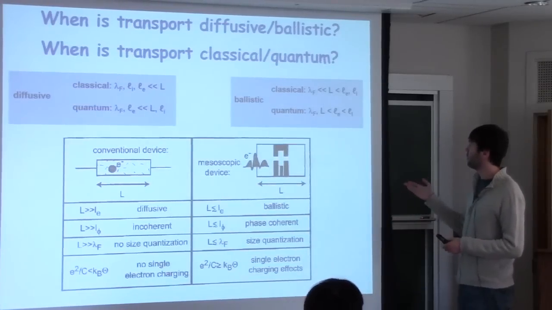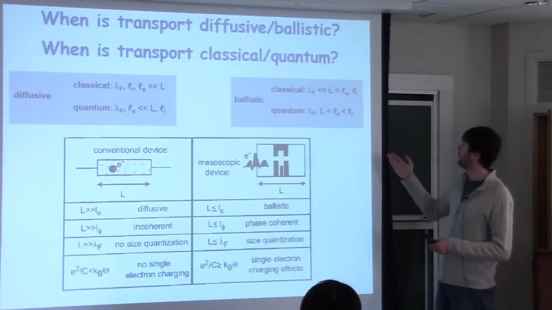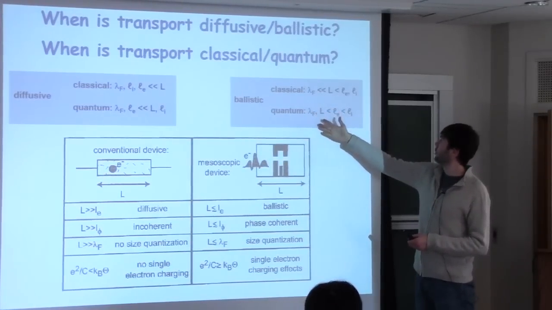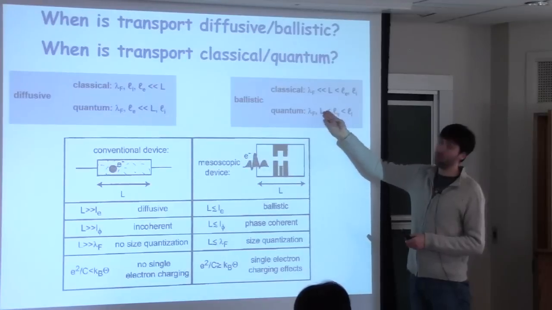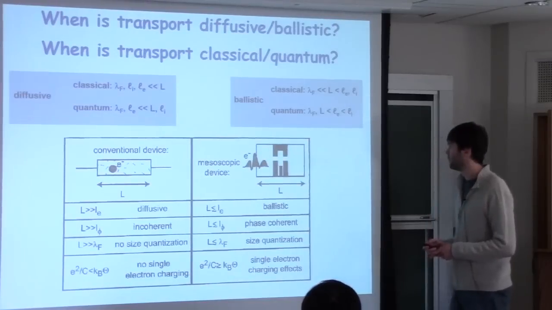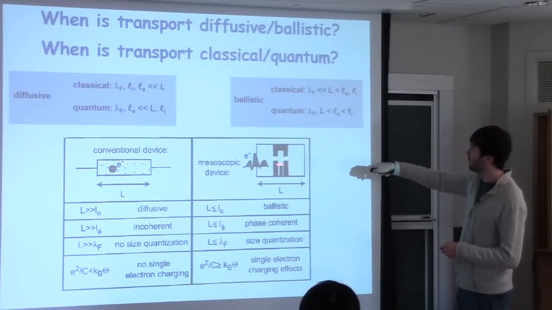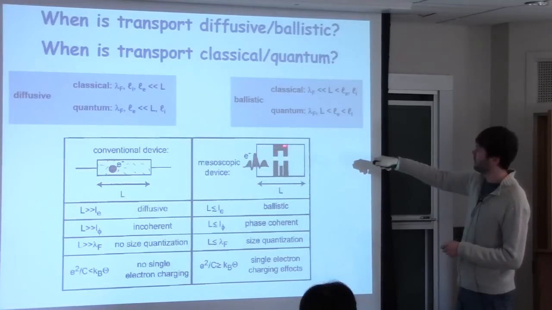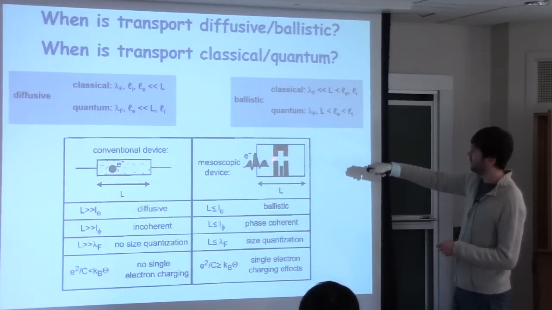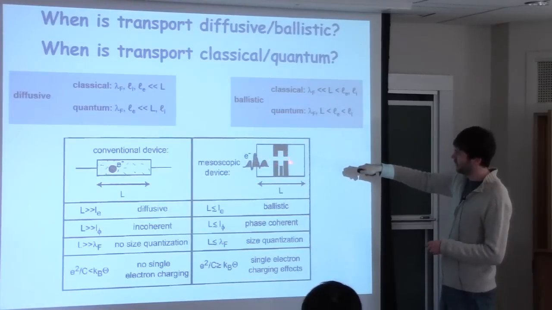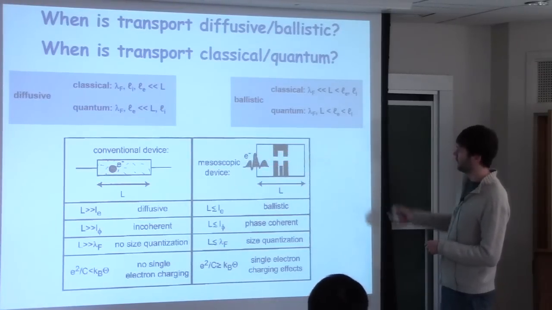And to make it quantum, we have to make the wavelength, or now the dephasing length, comparable to the size of the system. So this would be a device like this. This cartoon shows a semiconductor with some gate electrodes that define this island. An electron is a wave because the dephasing length is very long, and it interacts with this structure and comes out on the other side.